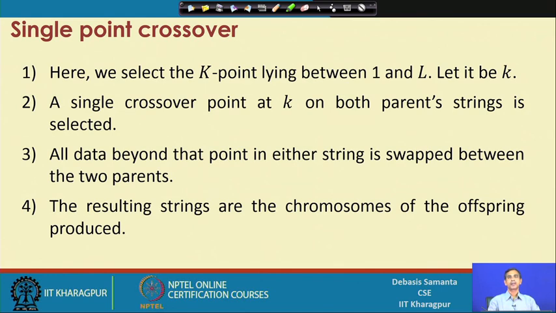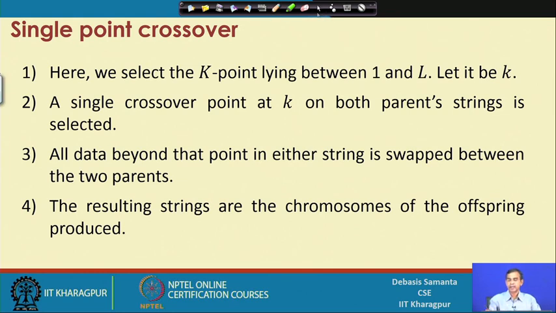A single crossover point k is selected on both parents, and then the data beyond the point in either string is swapped between the two parents, resulting in two offspring. This is the strategy.